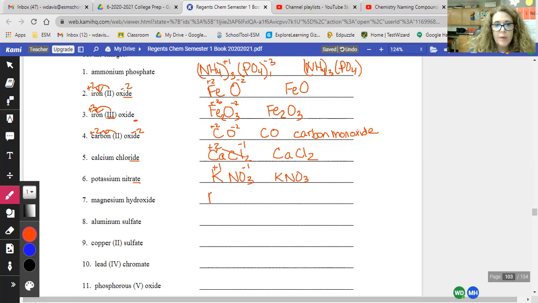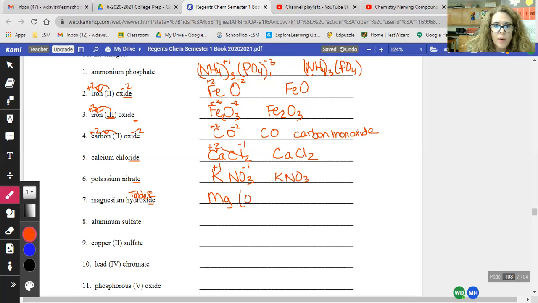Magnesium is Mg. Okay, careful using table S. Manganese is Mn, magnesium is Mg. Now this says hydroxide. It does end in "ide," but there's no element hydrox anything on the periodic table, but there is on table E. We have hydrogen and we have oxygen, but we don't have hydroxide on the periodic table.